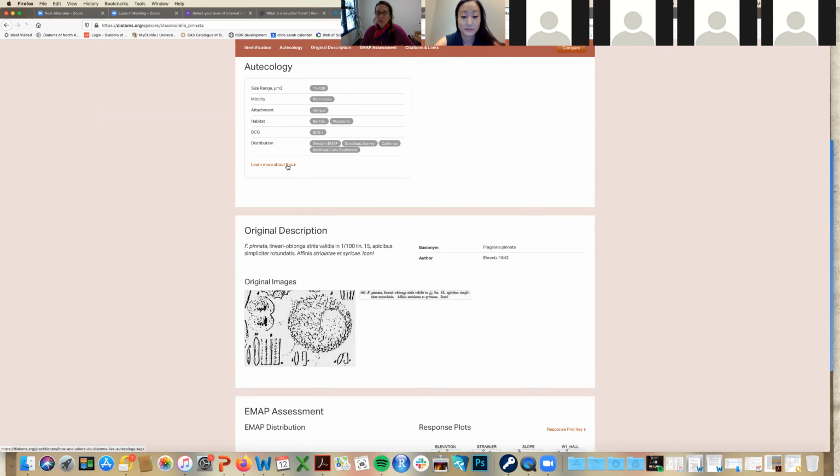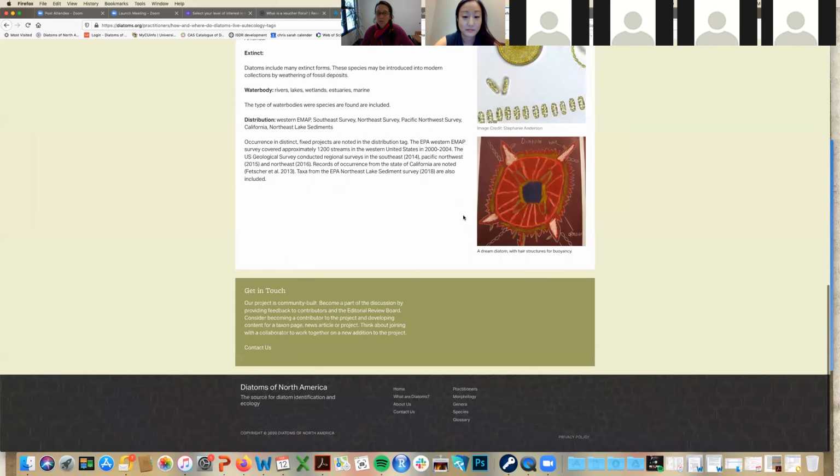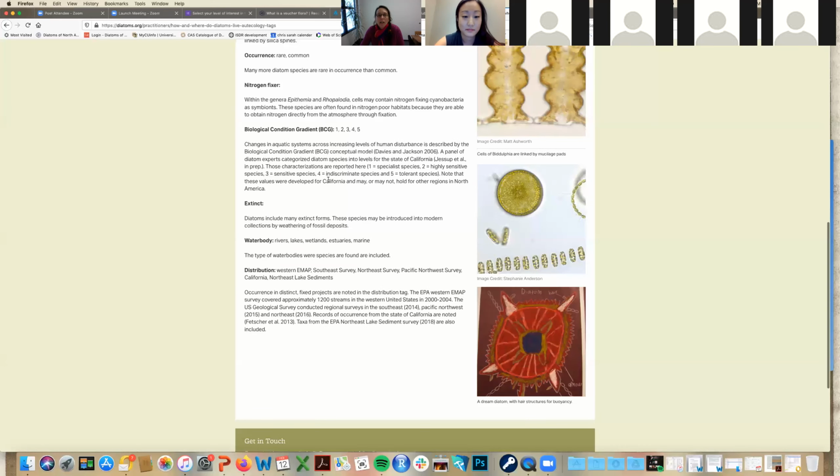So BCG4, if we go over, BCG4 are indiscriminate species. These came from values developed in California rivers. They may be a little bit different in other areas, but they're not going to be a long way off. So what this means is that this taxon is not discriminating.